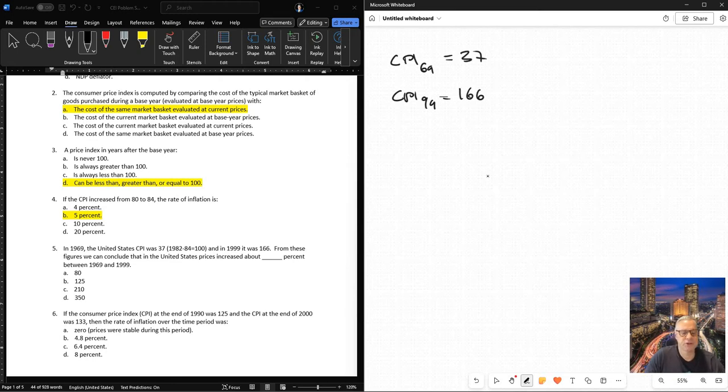From these figures we can conclude that in the United States prices increased about, I mean, if you just see, that should be roughly more than 3 times, but the formula is again the percentage change formula.